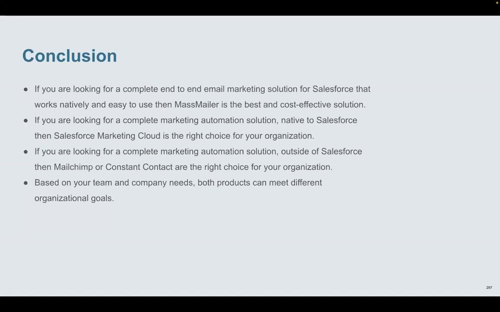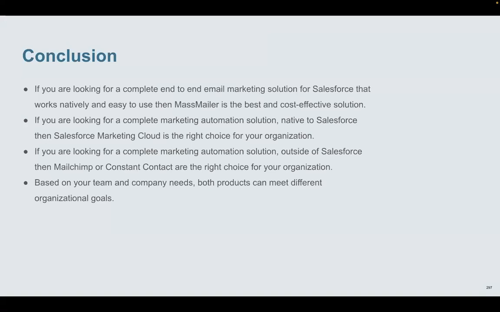And if your need is to just get an email marketing solution, not an end-to-end marketing automation solution, you can very well just go with MassMailer as an option because it's a native app and works seamlessly. You don't have to worry about integration and everything, and it's very easy to build templates and send out emails with MassMailer.